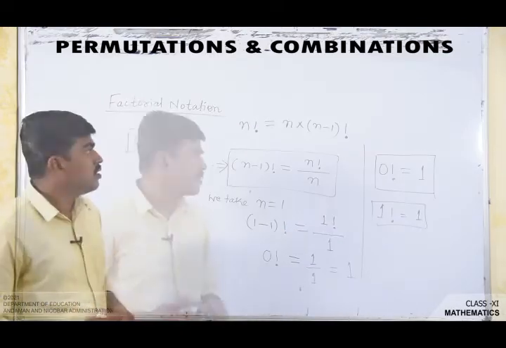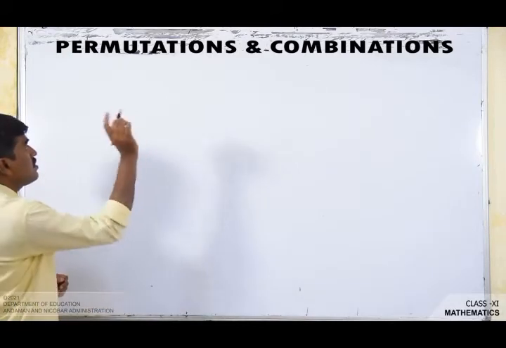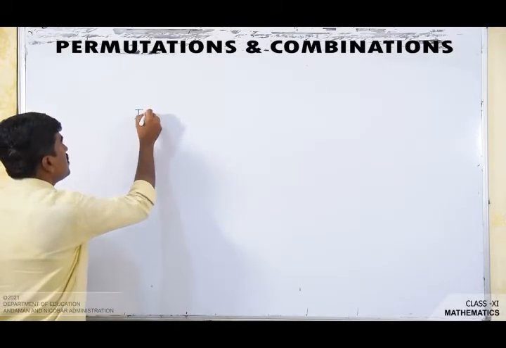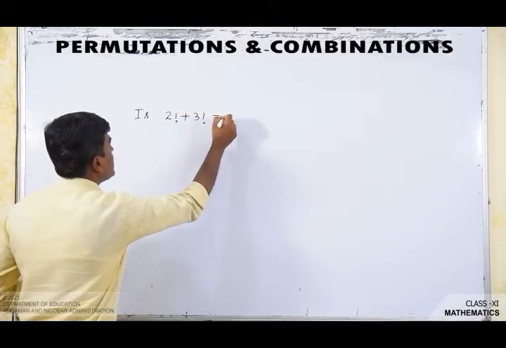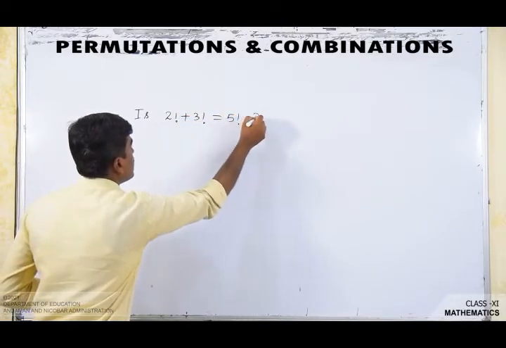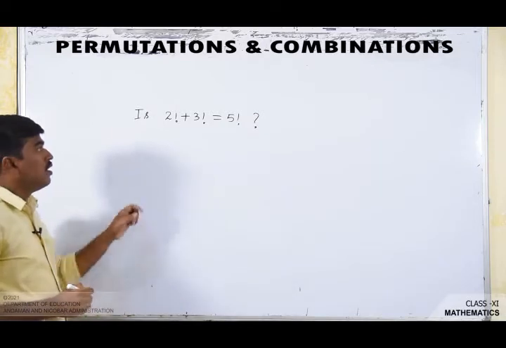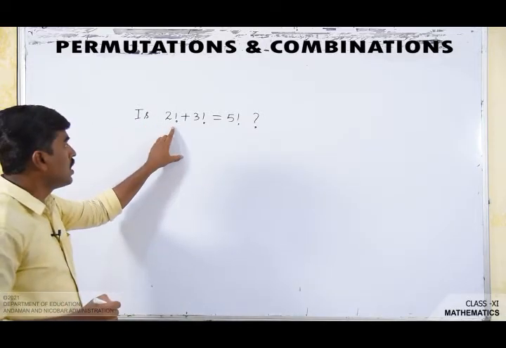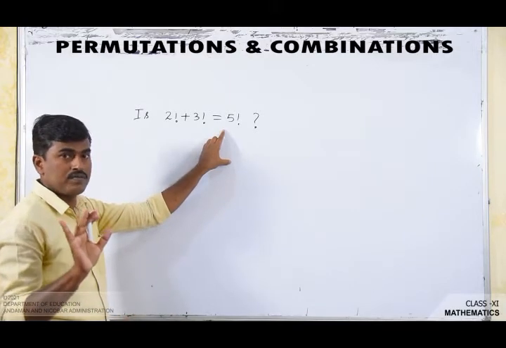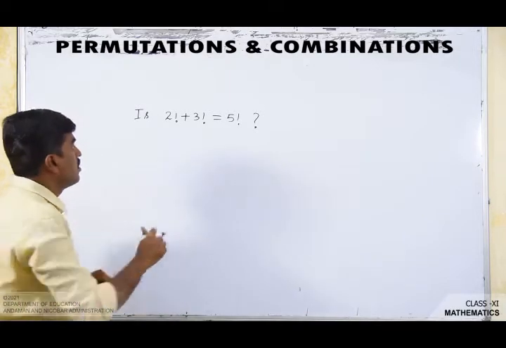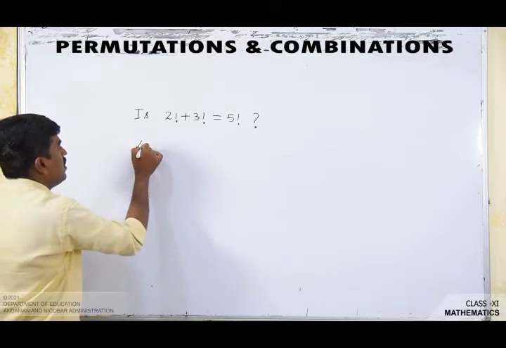Okay. Now I am asking one question, listen carefully. Is 2 factorial plus 3 factorial equal to 5 factorial? Is it true? Let us check. What is the LHS here?